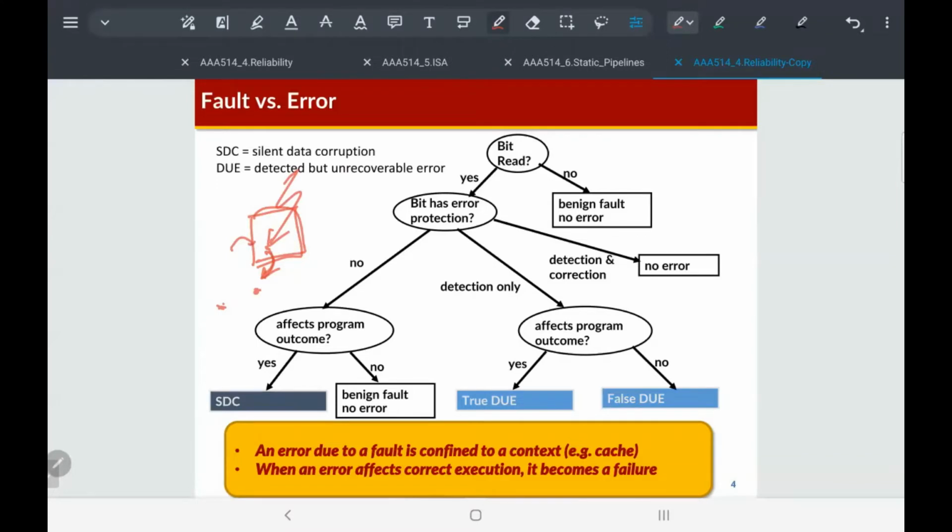Okay, so actually reliability is not an easy field. It's a little bit tricky because, as I mentioned, data can be changed.